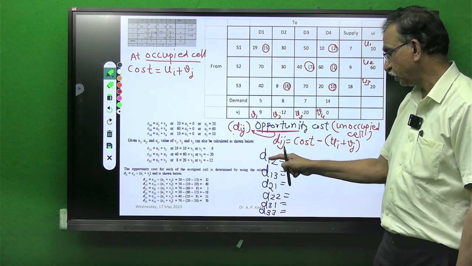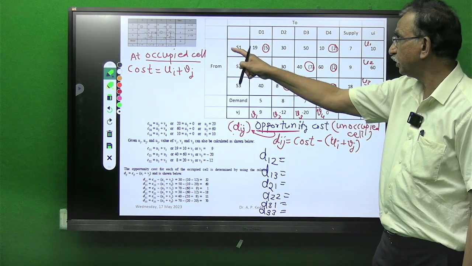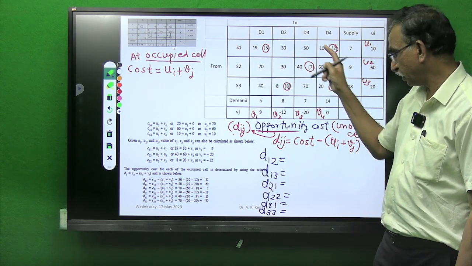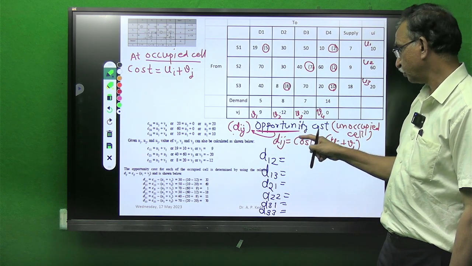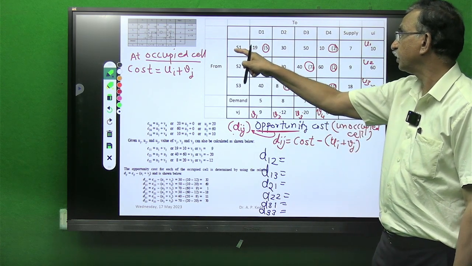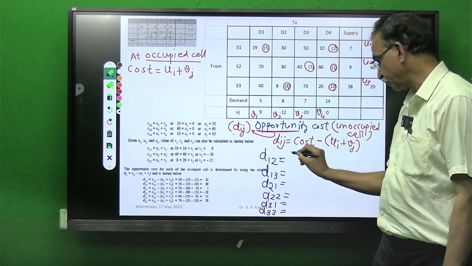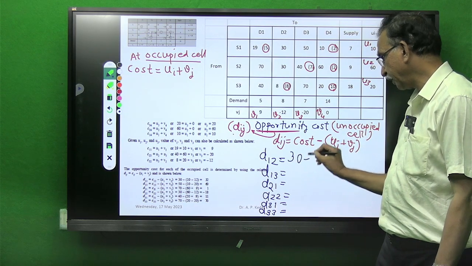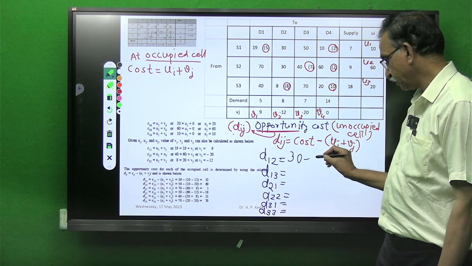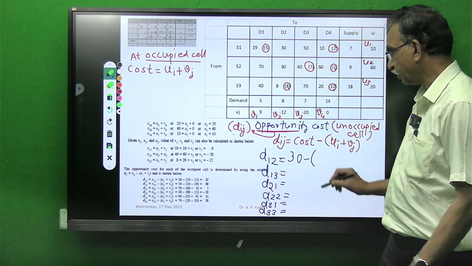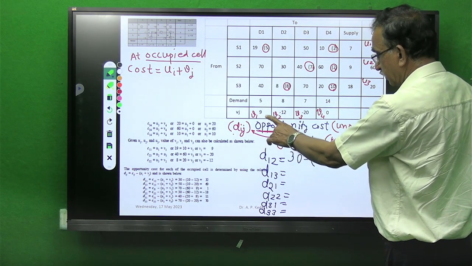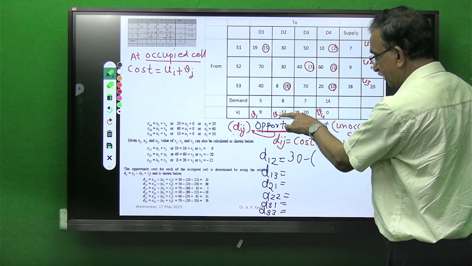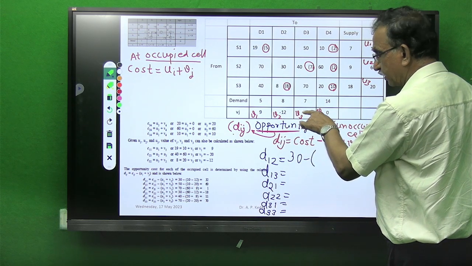So first we will do D12. Dij is equal to cost. What is the cost at D12? It is 30. So it is 30 minus, and this is very important, the values are v2 equal to minus 12 and v3 equal to minus 20.